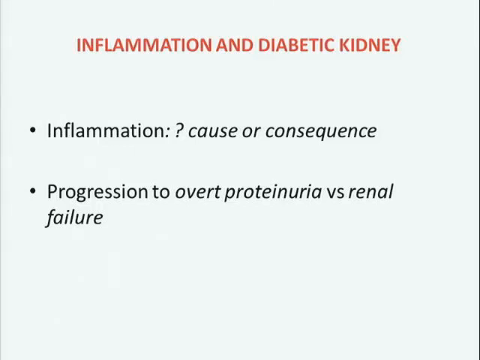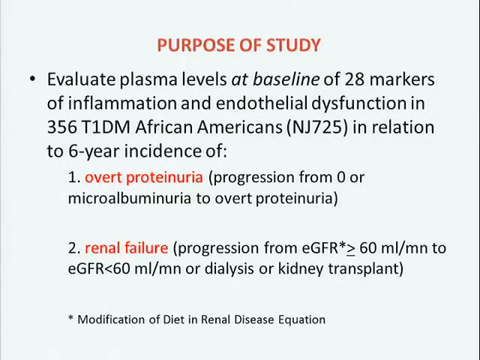Proteinuria, but also think of it as progression from no renal failure to renal failure, and look at these two outcomes separately. And this is what we had in mind when we basically went ahead with our study.